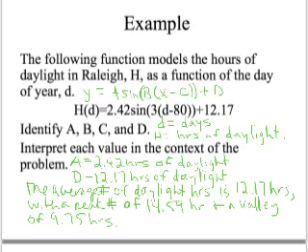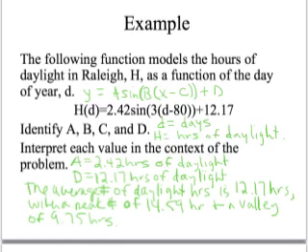So to interpret B, B is 3, and B is the number of cycles in one 360-degree period. But that's not very easy to interpret. So when I ask you to interpret B, really, you need to use B to find the period length. And so the period length is 360 divided by B. So 360 divided by 3 is 120.